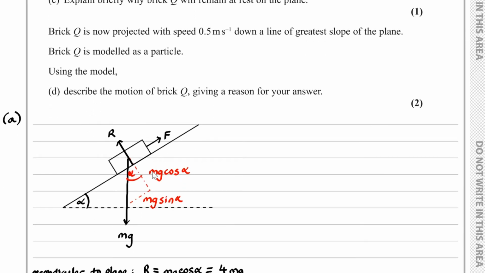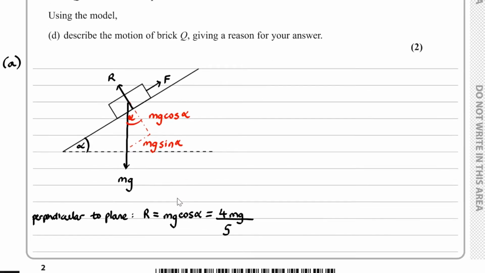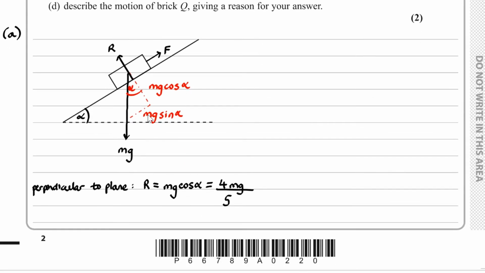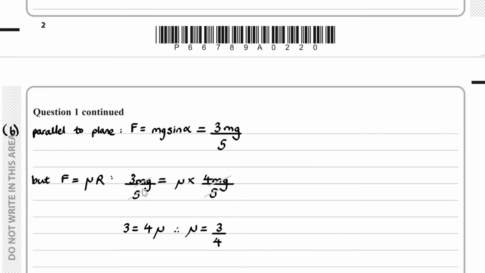Well, if we consider our free body diagram here, we didn't know what m was for brick P, and we still don't know what m is for brick Q. But when we carry out the arithmetic, if we leave everything in terms of m, you'd notice the mg's cancel and we will still end up with the same value of mu.